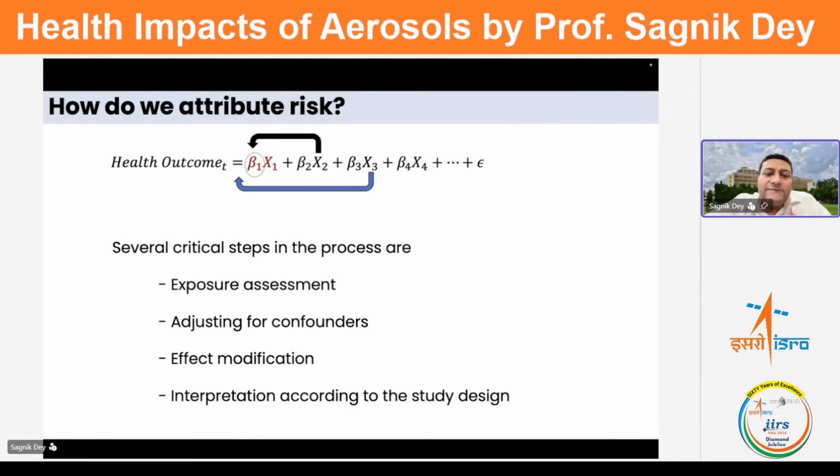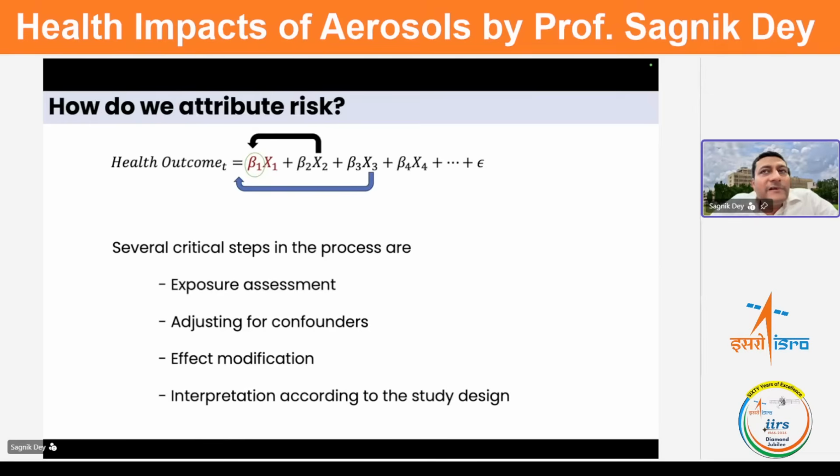Because you are individually following up every person, you can do the effect modification as well as adjust for confounders and come up with a causal pathway. However, it is not always possible to do those kinds of studies because they are super costly. Just to give you an example, I am part of a mother-child cohort, and I'll show one example later on, where the cohort is being run by this DBT institute called THSTI.